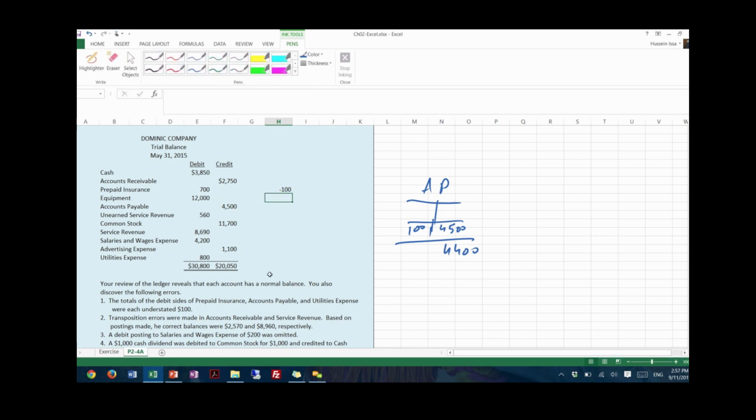Utilities expense was also understated by 100. Wouldn't it be accounts payable minus 100? Oh, yes, you're right, sorry. Actually, it was this one here, minus 100.